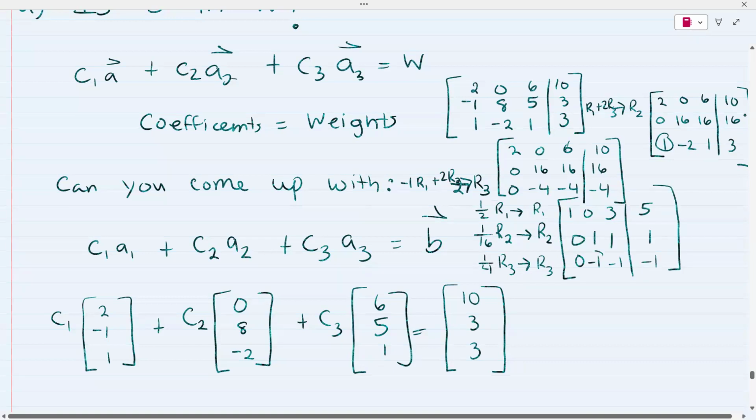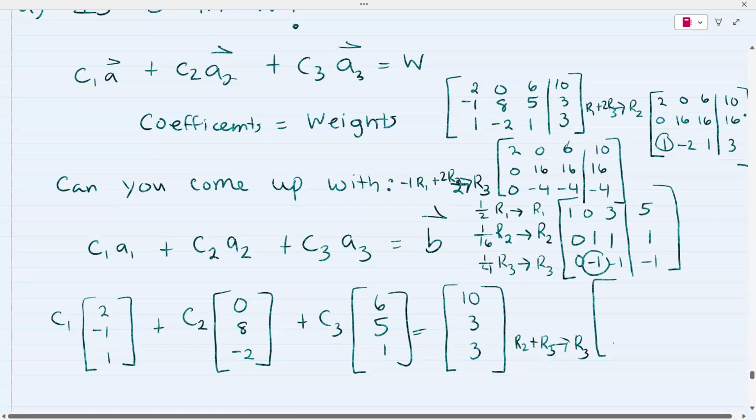Now I would make this -1 into a 0. And how would I do that? By adding row 2 and row 3. So this -1 is technically in row 3, so you're going to say row 3, and then you just add row 2 plus row 3. And that will give us your new row 3.